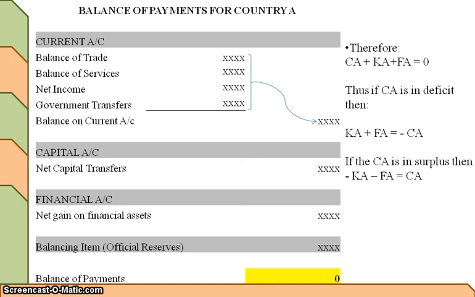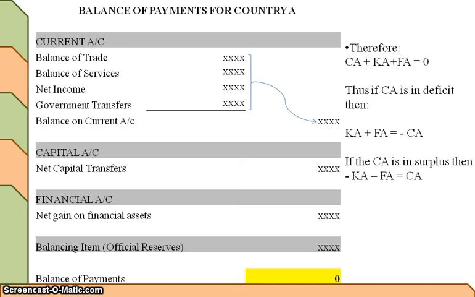It means there is an increase in supply of your country's local currency in the open market. It therefore means whoever has access to your local currency now could increase their holdings on your country's domestic assets, right? There's a possibility of increasing their holdings on your country's domestic assets, which ultimately will be an inflow in your capital and your financial account.